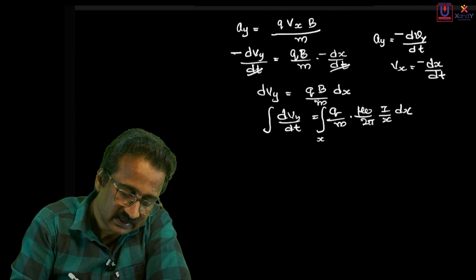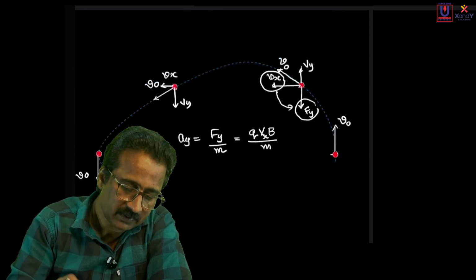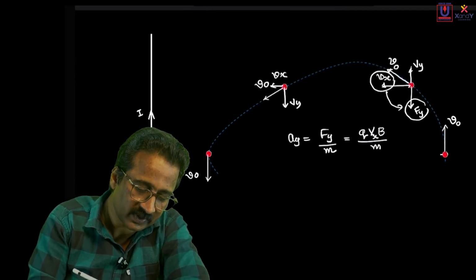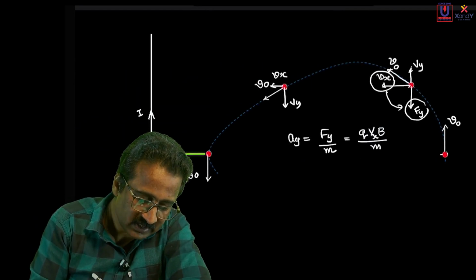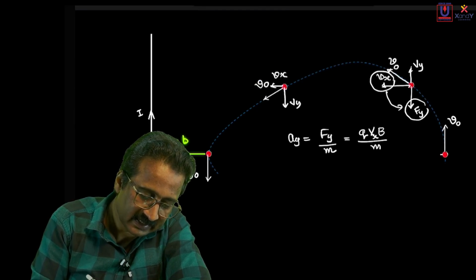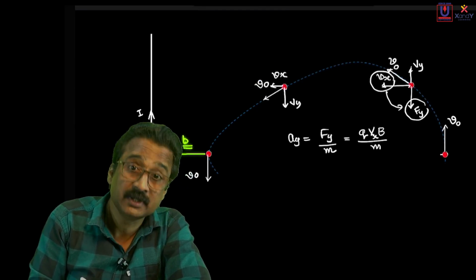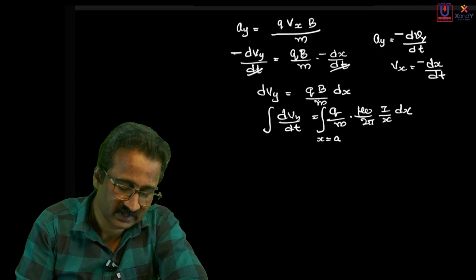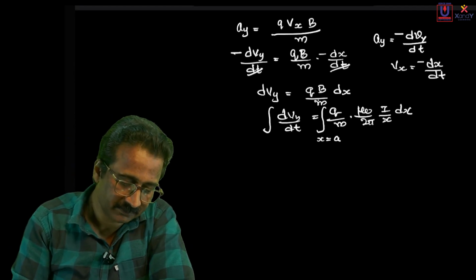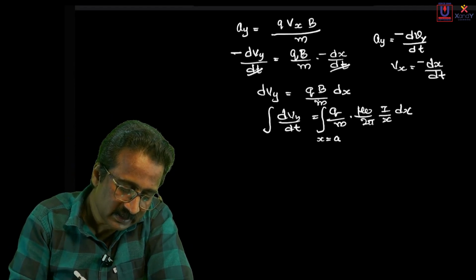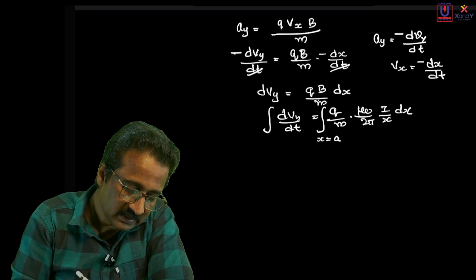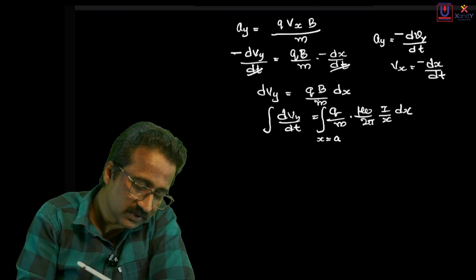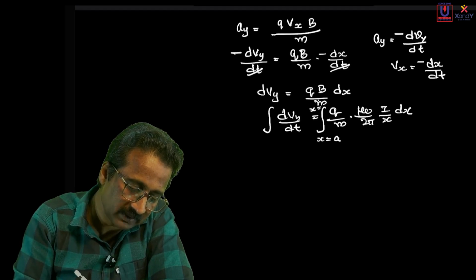Now the question is, where will the particle be when it reverses its direction? This is what they're asking. Let's say x equal to b. Now b is to be determined. At what distance will the particle reverse its velocity? So x is equal to a to x is equal to b. That's the limit of integration.